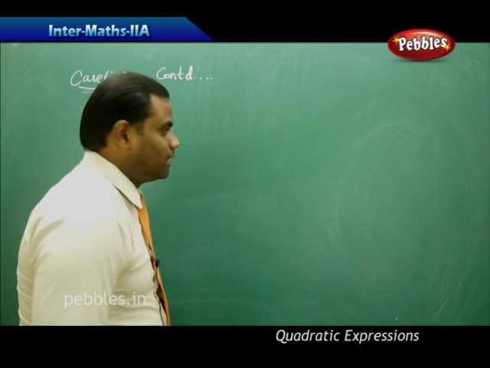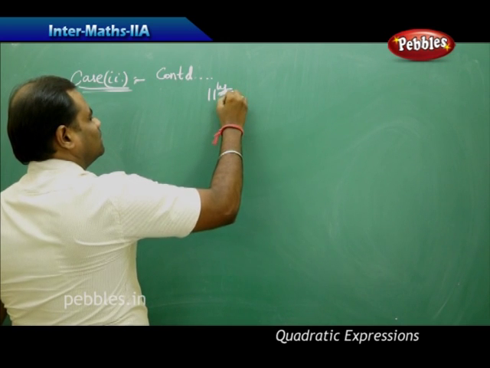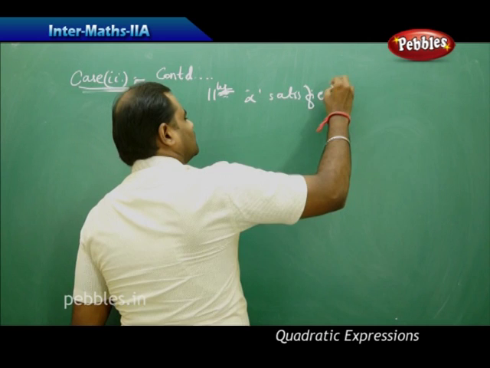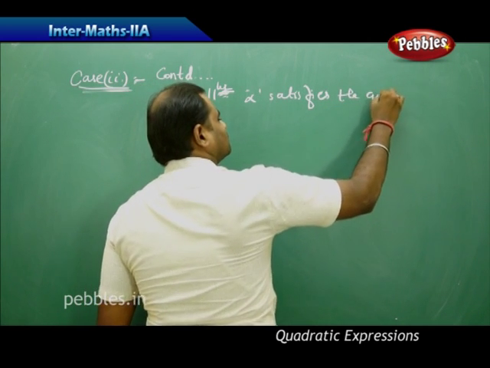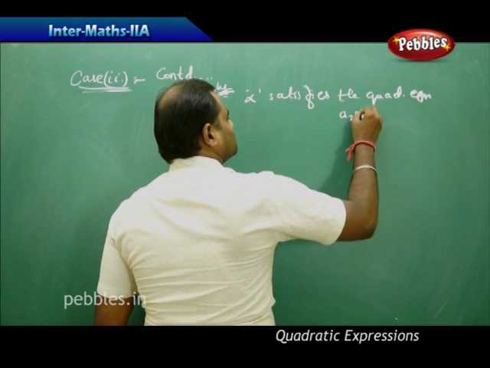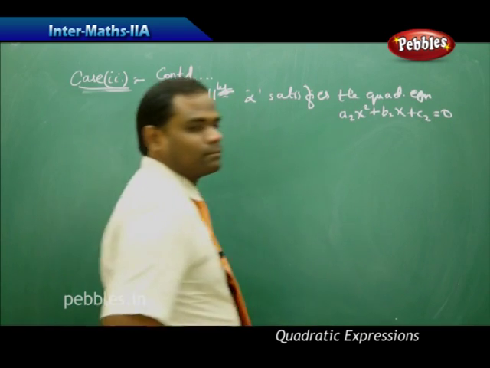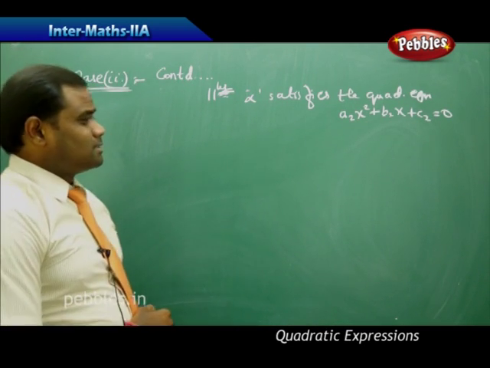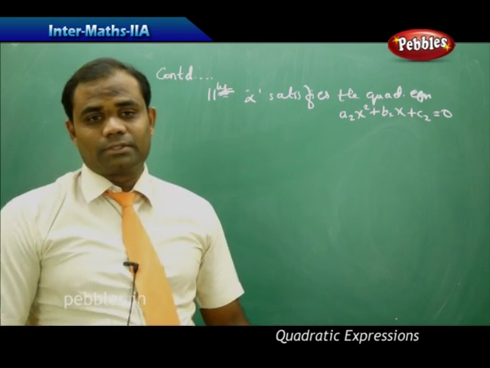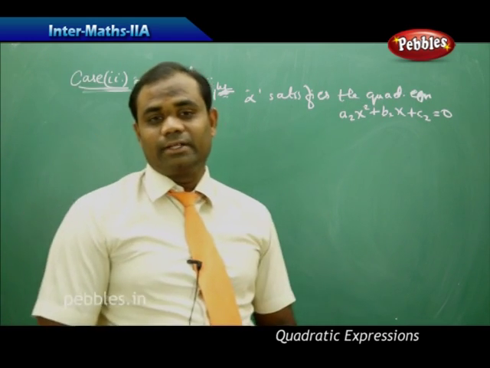So similarly, we have alpha satisfies the other quadratic equation, a2x squared plus b2x plus c2 equal to 0. Therefore, since alpha is the root of both the quadratic equations, we say that alpha is the common root of the two quadratic equations.